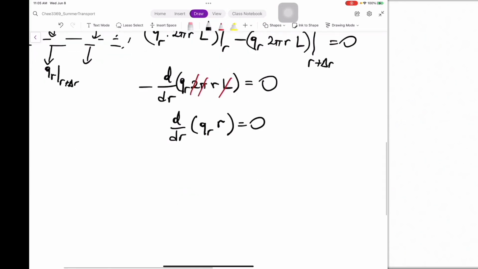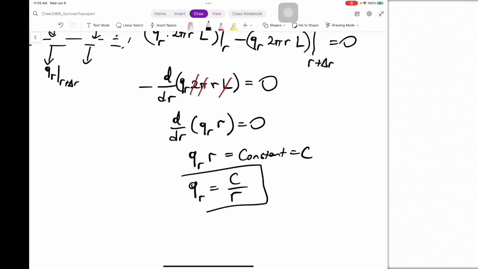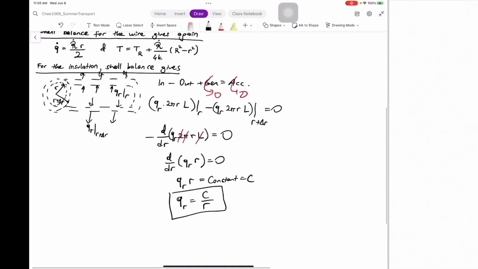This tells you that QR times R does not change with R. That means QR times R is just constant. Let's call it C, and then QR comes out to be C over R, as I had guessed. That's the flux through the insulation. Any questions so far? Since I'm doing the insulation, I need to label it.